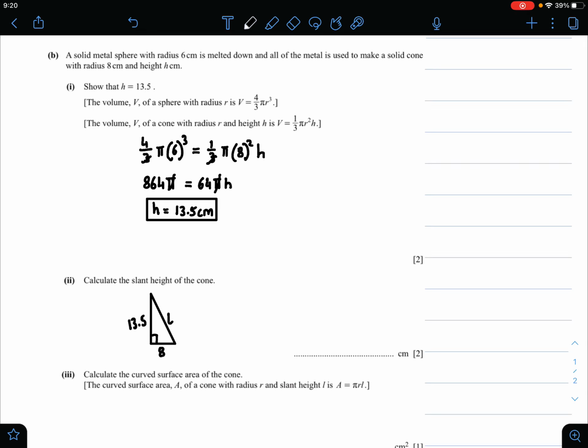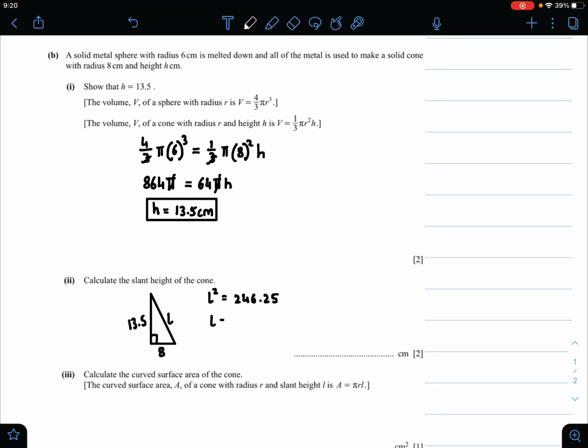To find the slant height, we use the Pythagoras theorem. So 8 square, which is 64, plus 13.5 square will be equal to 246.25.